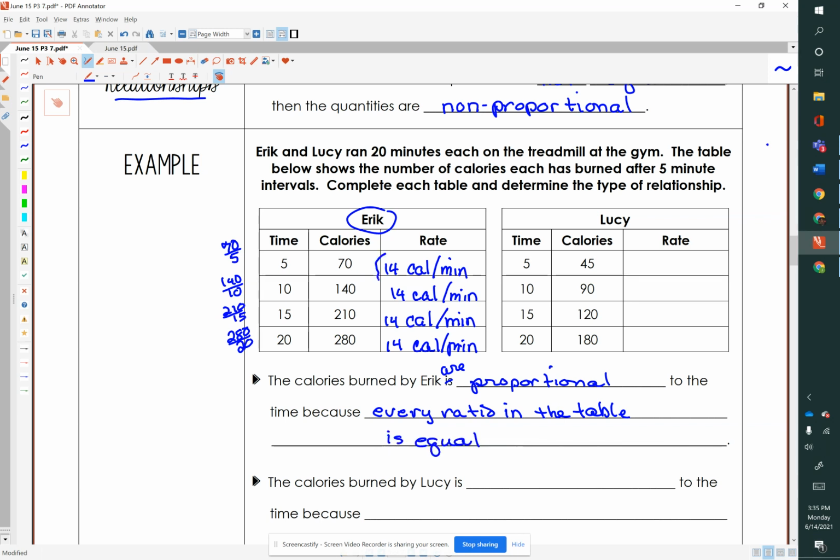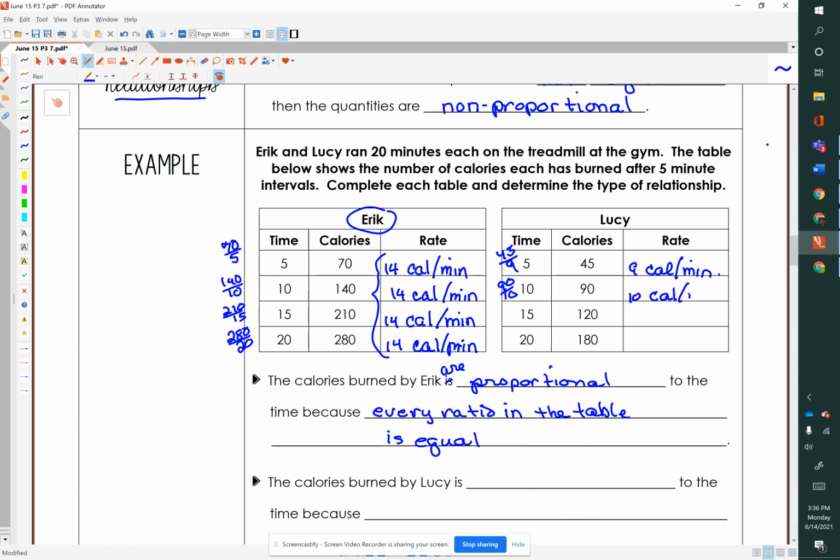And we see that right here. So let's take a look at Lucy. 45 divided by 5 would be 9 calories per minute. She's not burning as much as Eric did. She might be a smaller person who burned fewer calories. 90 divided by 10 is 9 calories per minute.